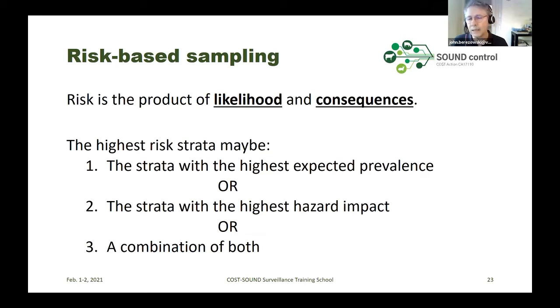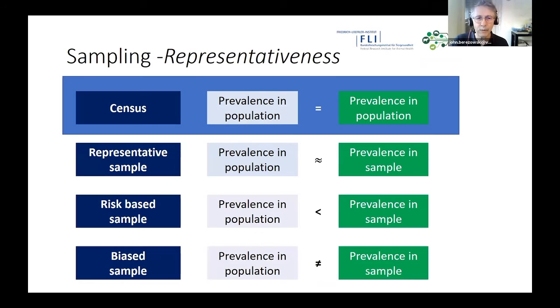So in Switzerland, there's far more dairy cattle than there are beef cattle. So we would focus our surveillance for Johne's disease, or for say listeria or something like that that affected milk and cheese production, more on the dairy herds than we would on the beef herds. Or it can be a combination of both.